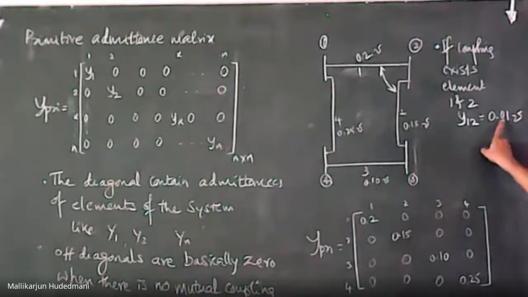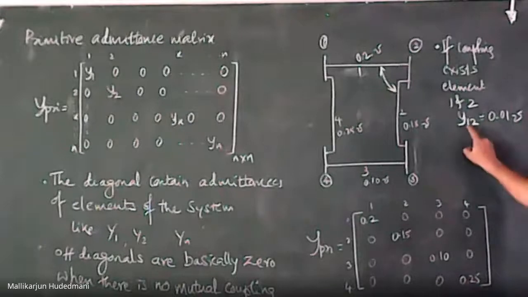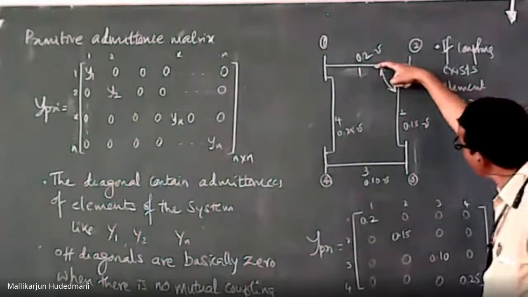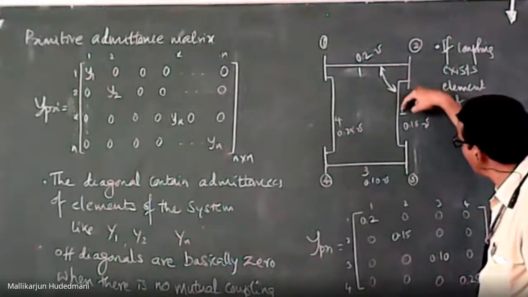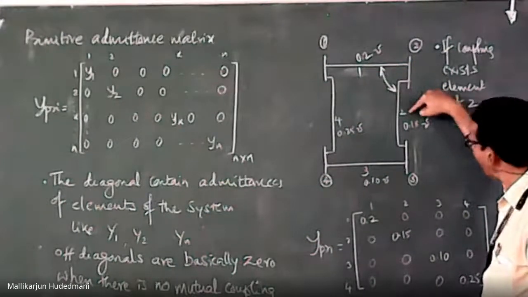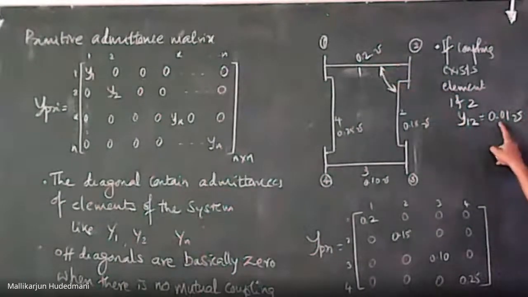Where do I represent this value? This value is Y12, same as Y21 because it's bidirectional. So Y12 refers to the elemental mutual admittance between element 1 and 2, the same as with respect to 2 and 1, with the example value 0.01.